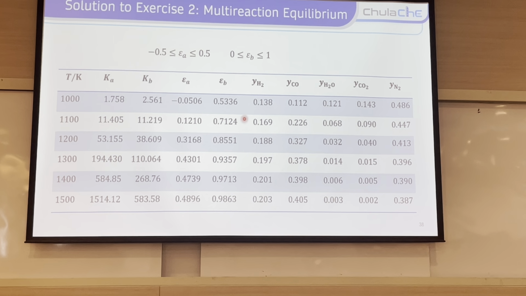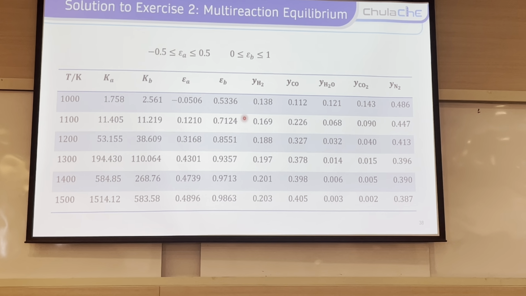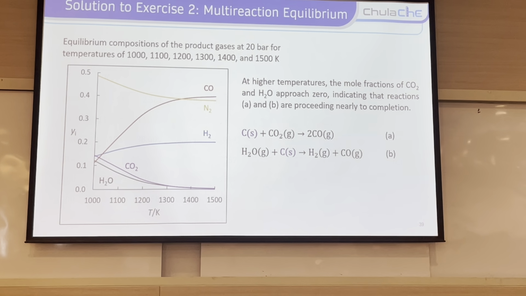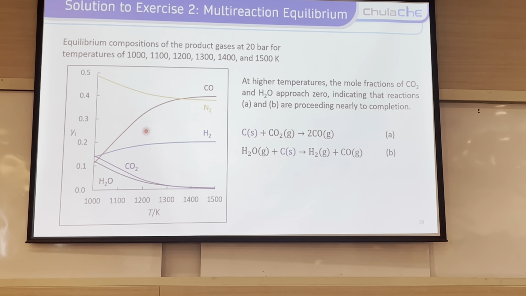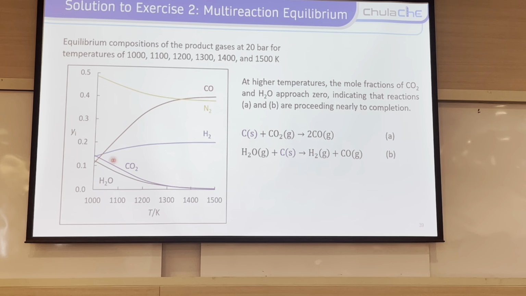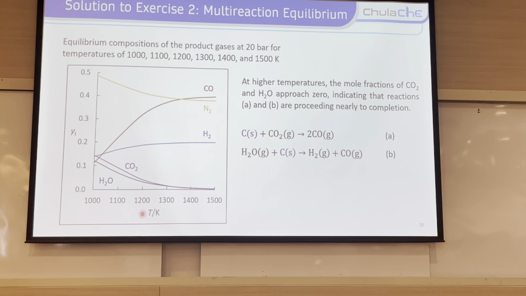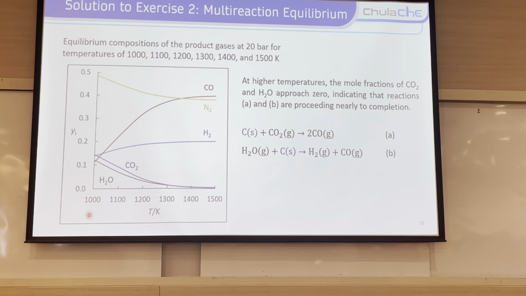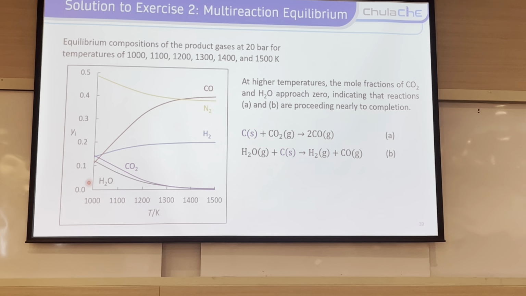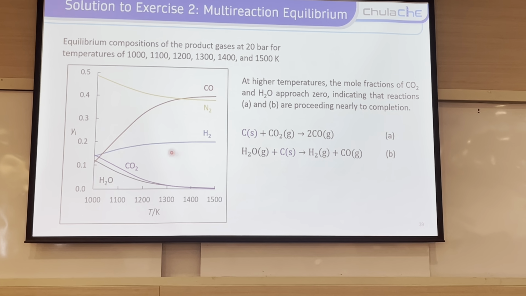The numbers might change a little at the decimal 3 and 4, but they should be in this range. And if you plot the graph of the mole fraction of each species versus the temperature of the chemical reaction, you can get a curve that looks like this.